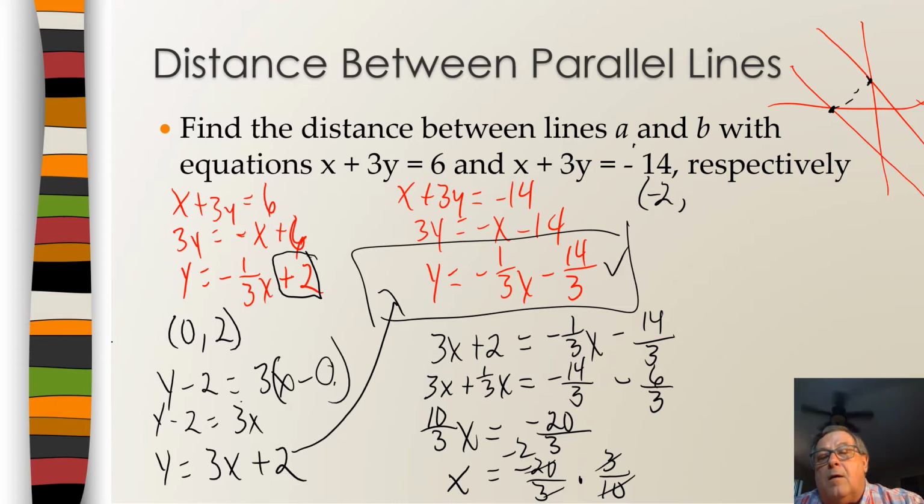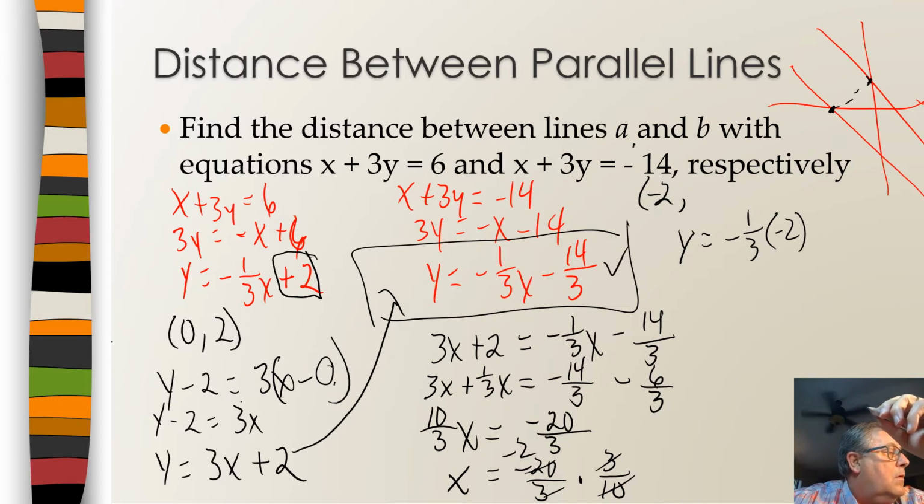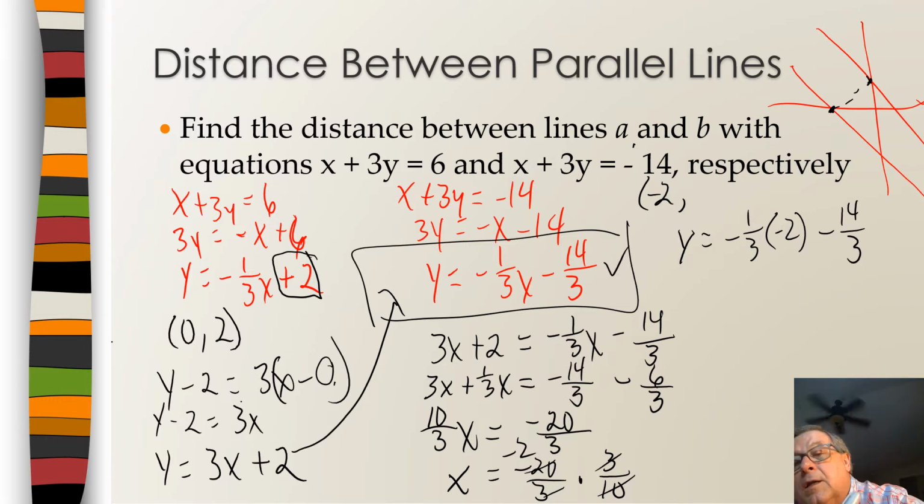And I'm going to do that now on this page. So let's see. We would then have y equals -1/3 times -2 minus 14/3. Y equals -2. Let's call it +2, +2/3 minus 14/3.